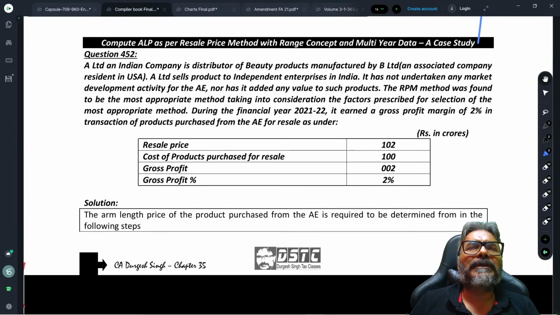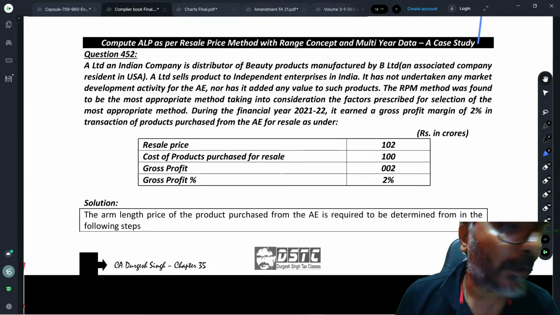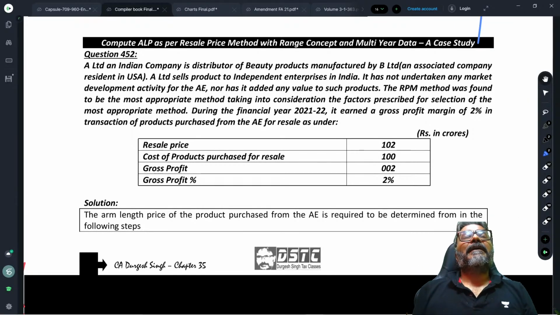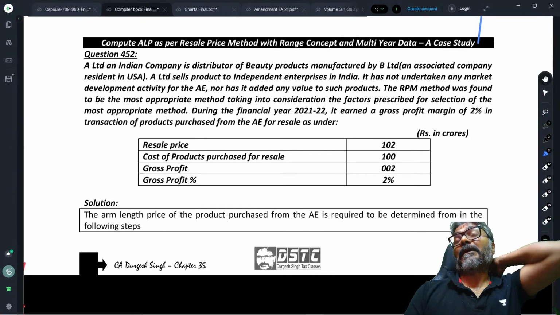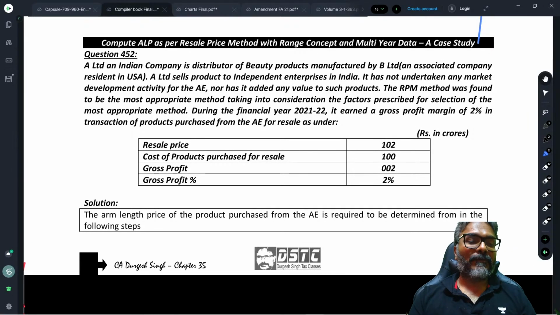We were told, look, this is the comparable price or the comparable margin, and on that we used to make what? The comparable adjustment. That is what we have done up till now. All of you will agree to this one, isn't it?